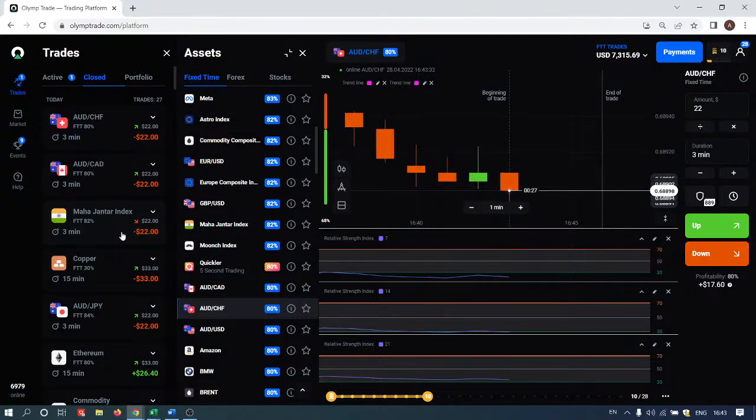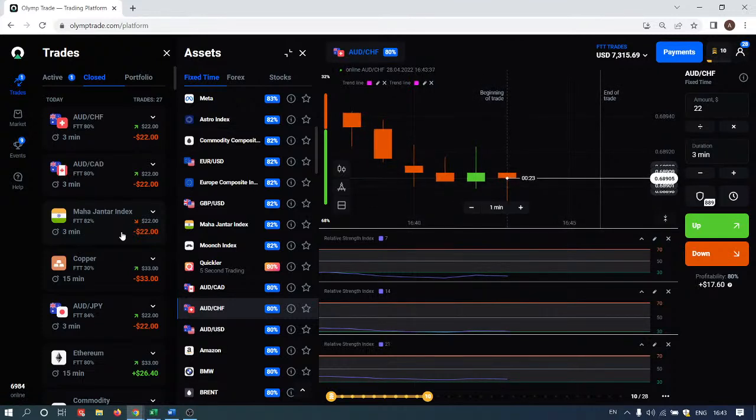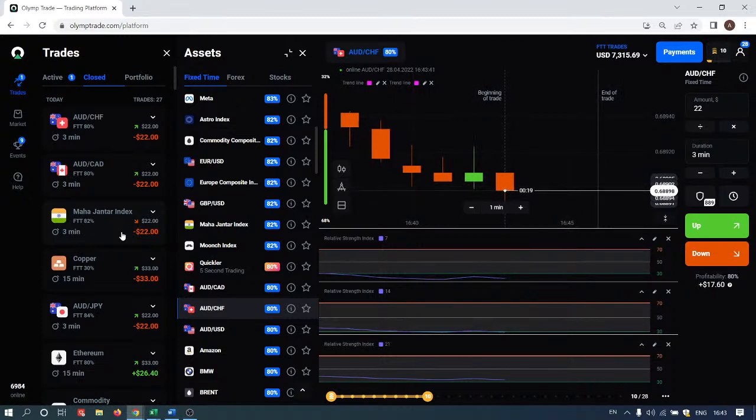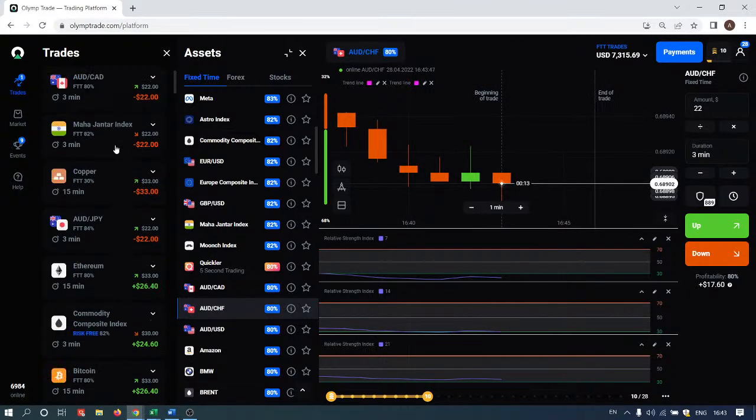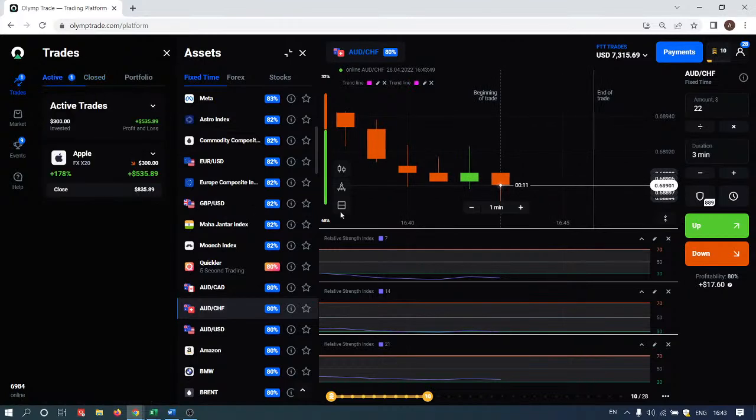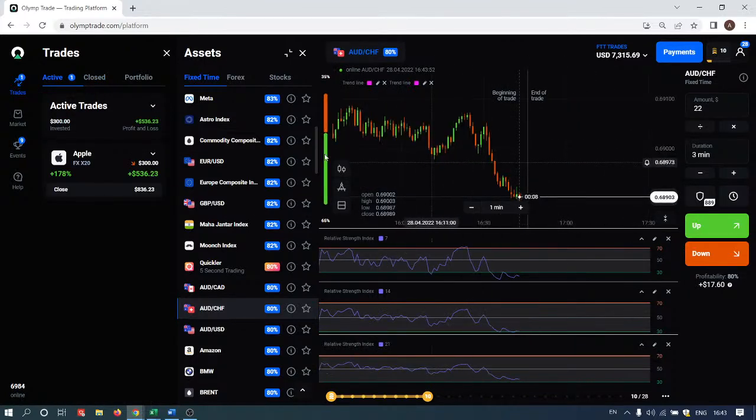That's a 62% rate of return, not bad. And 4 out of 7 winning trades, which is 57% on long-term trades. And I have this red closing. Wish I had a green closing, but it all happened in the last few seconds.